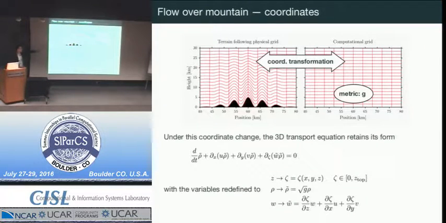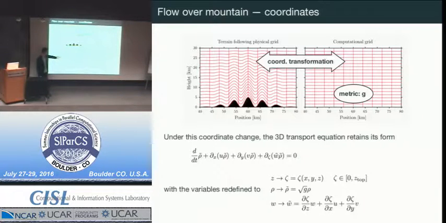I don't know how to write equations or solve problems on these wavy coordinates. So I'm going to transform to a Cartesian set of coordinates where I know how to do math. Doing so is going to bring a metric in here. I also have to transform the equation that I'm solving, this advection equation. But it turns out that the transformed advection equation actually has the same form.